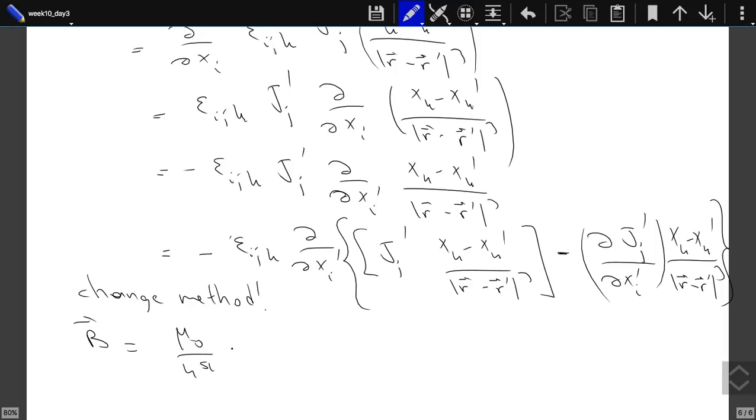Mu 0 over 4 pi, integral of j of r prime, r minus r prime over |r minus r prime| cubed, dv prime.